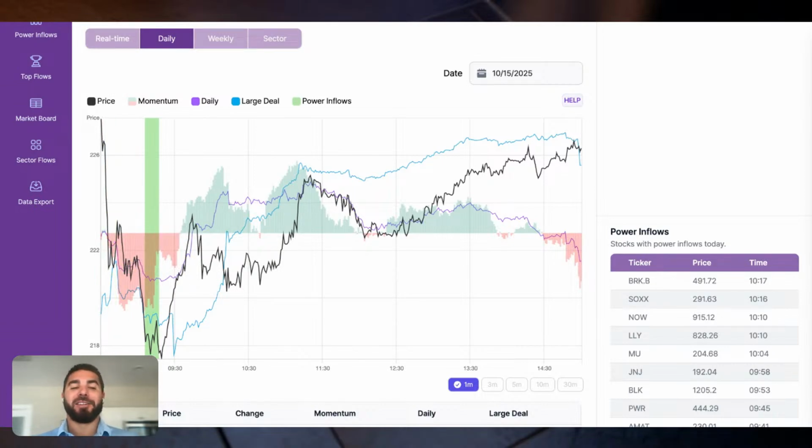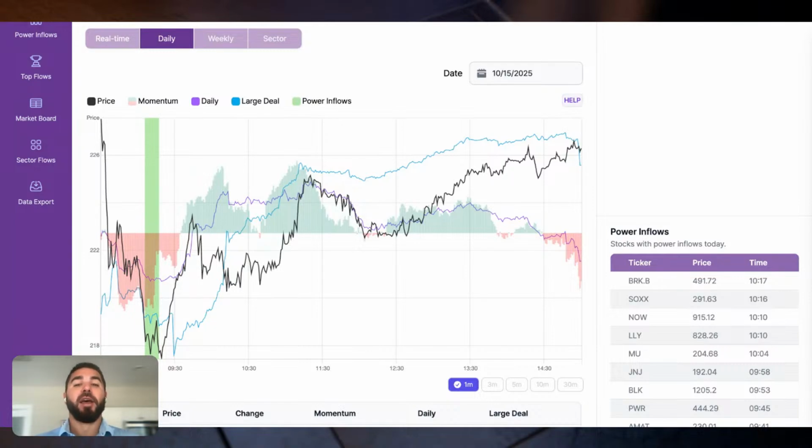And then lastly, maybe the most important metric I'd want to point out to you, the vertical green bar that you see there. That is what we call our power inflow signal. This is our own proprietary AI-driven algorithm.